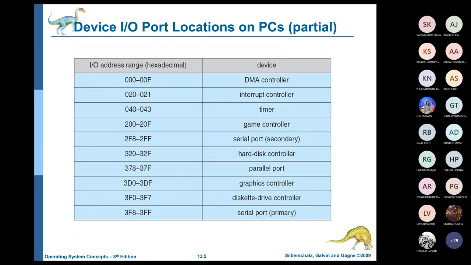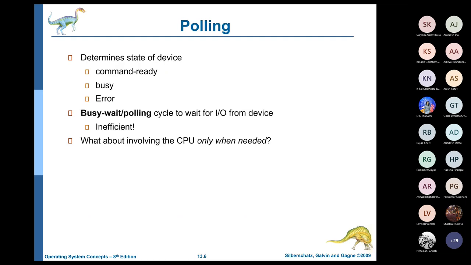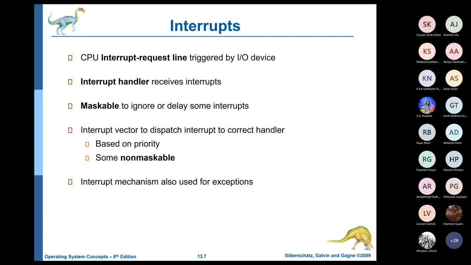Device IO port locations, which these instructions deal with directly, are typically small numbers. Now, the question is why? What is the other advantage of this interrupt mechanism?